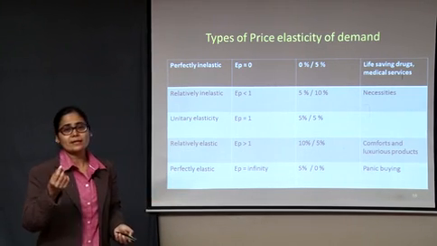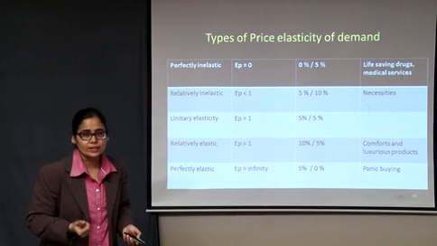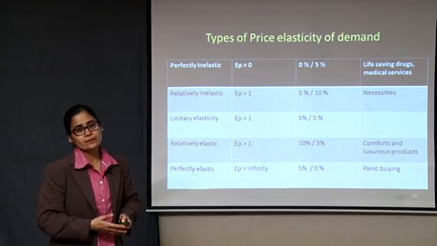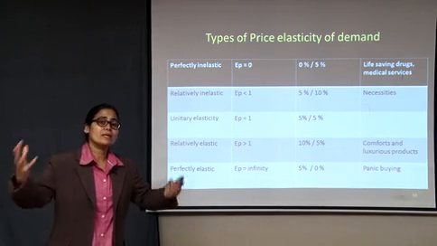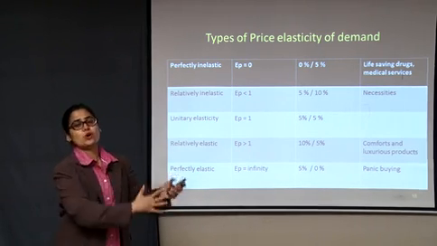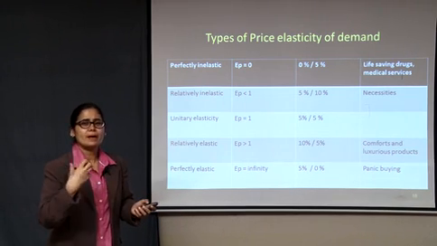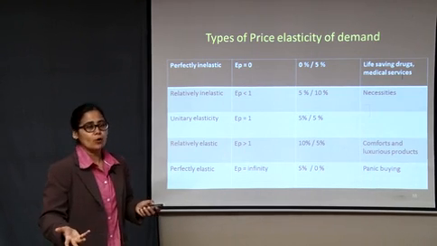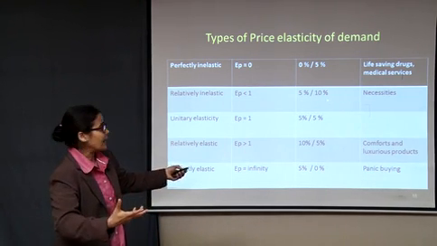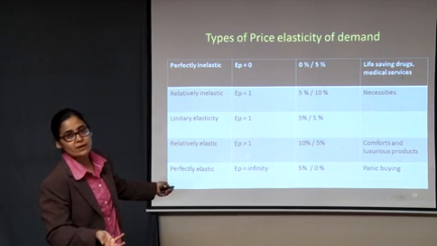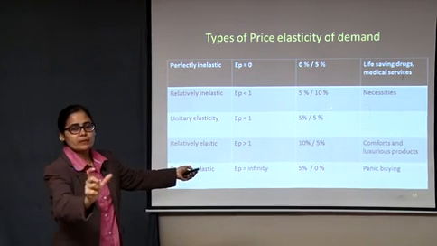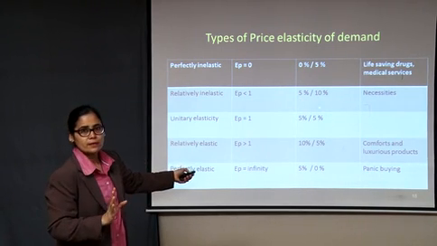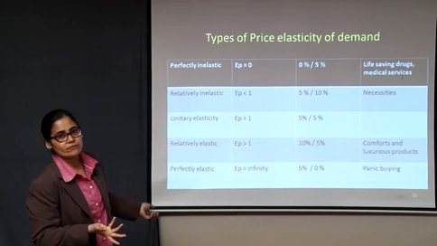In necessities, you can take one example of fruits or vegetables. Suppose the price of fruits falls by 10%, it doesn't mean that people will buy quintals and quintals of fruits and stock it. So for fruits, vegetables, perishable products, even if the price comes down, people will buy more, but not so much that the answer goes greater than 1. So therefore, a 10% change in price is bringing a 5% change in demand. So our answer is less than 1.